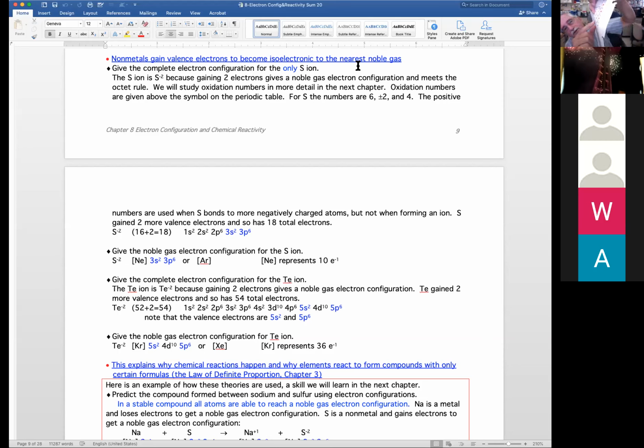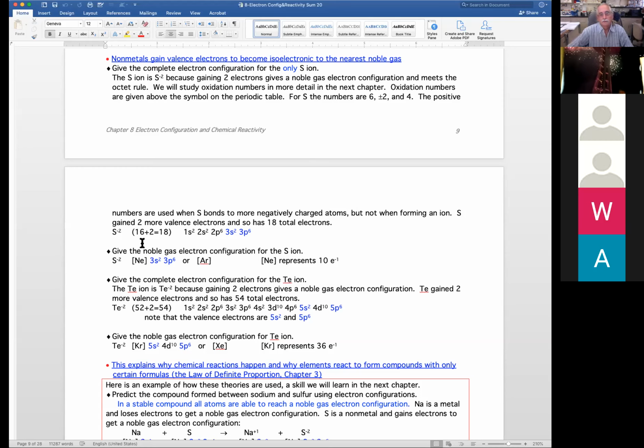Sulfur's right here, so it wants to gain 2 more electrons to become like a noble gas. It's going to become like argon. It won't become argon because protons aren't gained or lost. If you look at sulfur, it has a 6, a +2, a -2, and a +4. The positive numbers are useful when it binds to more negatively charged atoms, but not when forming an ion.